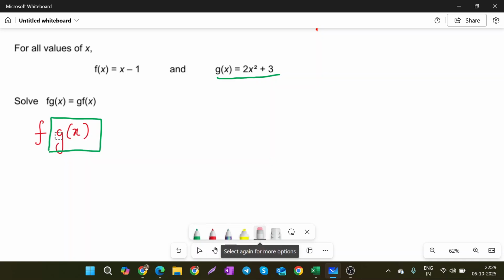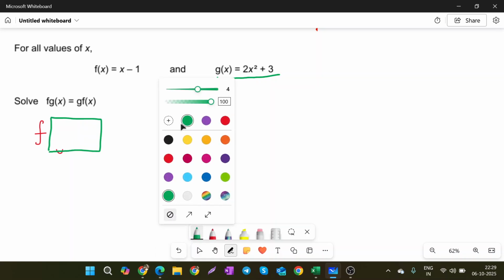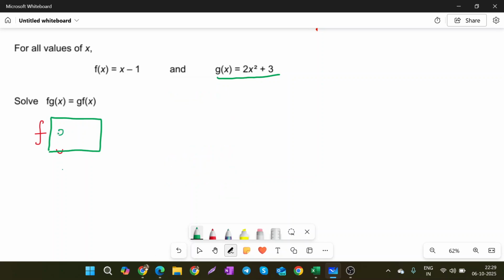So what I'm going to do is replace that with the value of g of x, because this time it's not a number, it is an expression. That expression is 2x squared plus 3. I'm going to put that in a bracket. That means we are trying to do f of 2x squared plus 3.